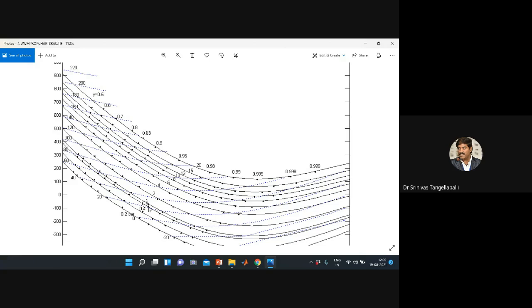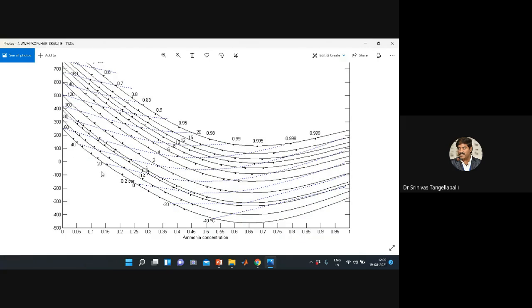And if I am referring to 1 bar, see here, what is this temperature? You can see the blue color lines, those are temperature lines. It is close to minus 40, but towards minus 20.